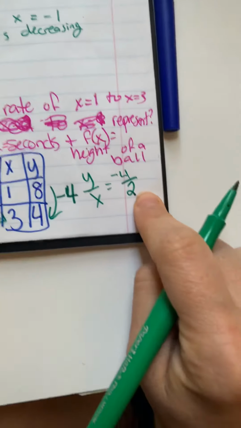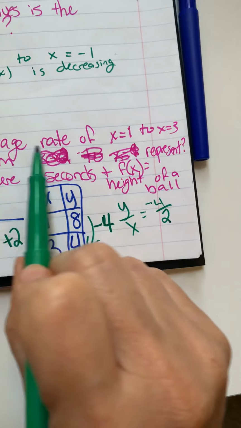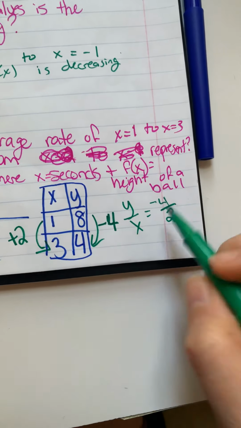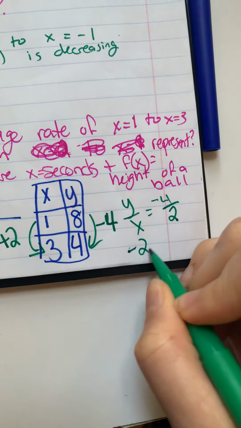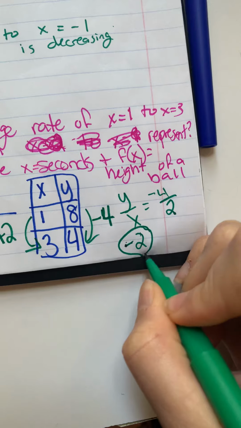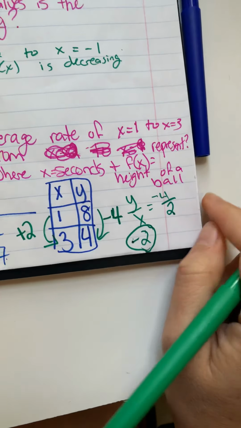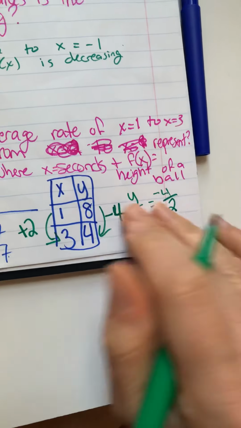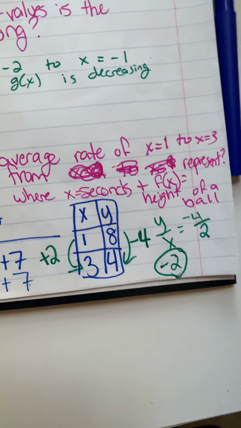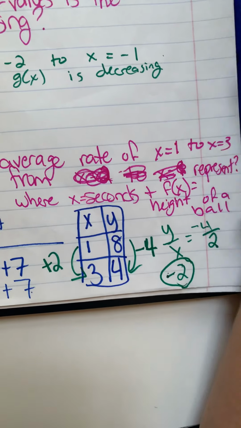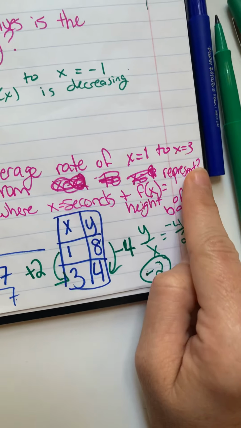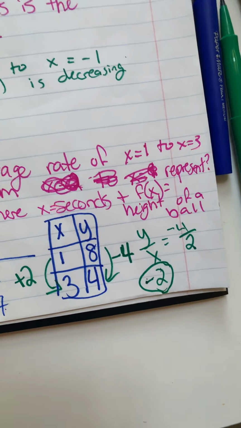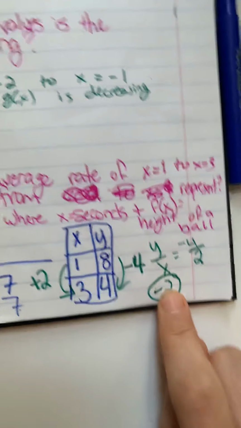That means my average rate of change is -2. And that means from x equals 1 to x equals 3, my ball is going down.